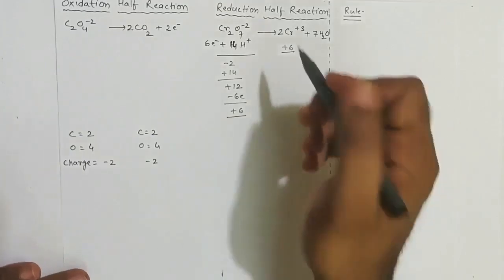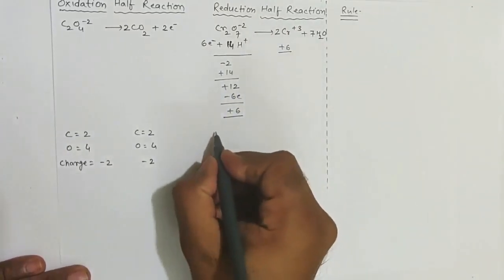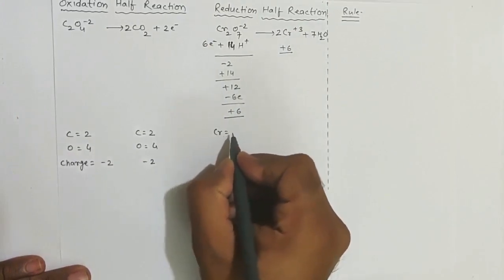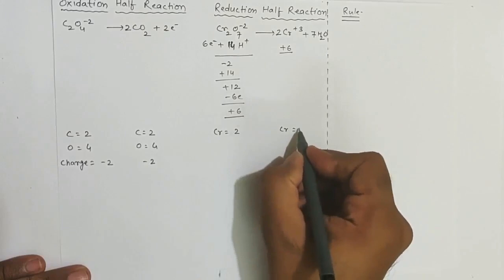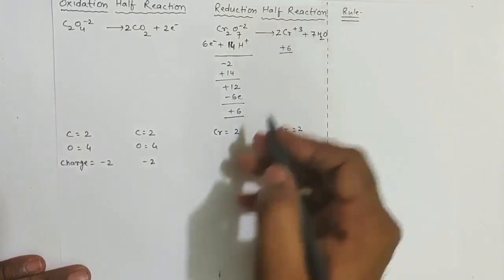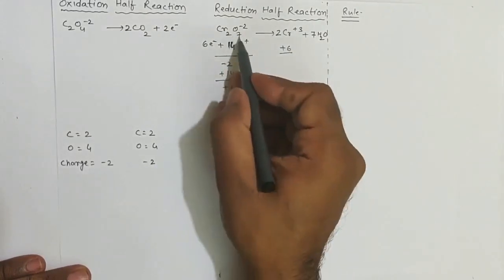Let's move to the reduction half reaction. The number of chromium atoms present at the reactant side is 2. The number of chromium atoms present at the product side is 2. The number of oxygen atoms at the reactant side is 7.